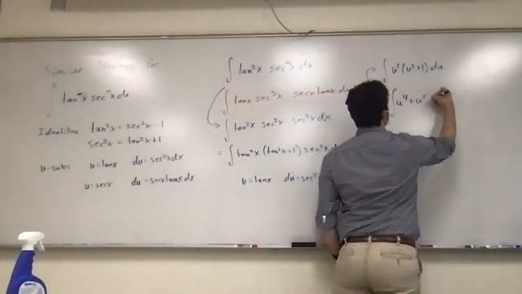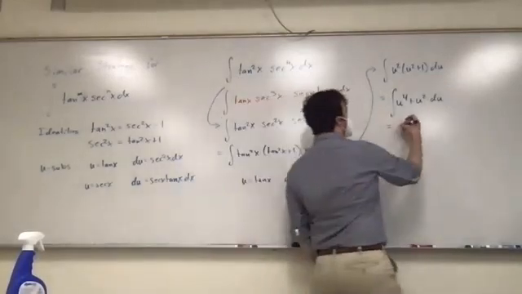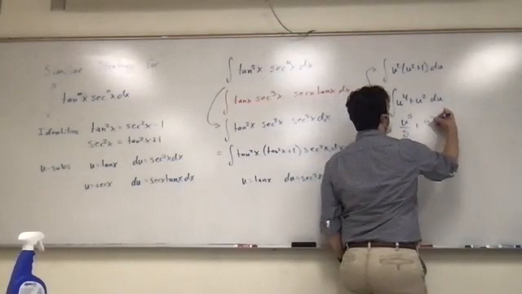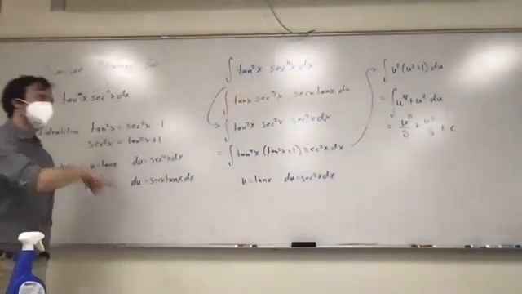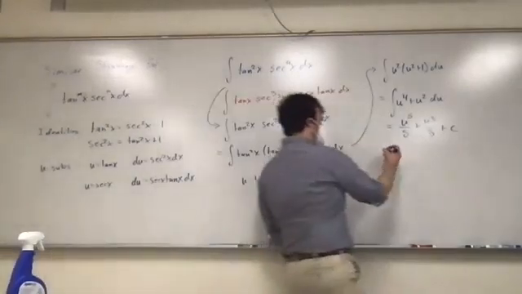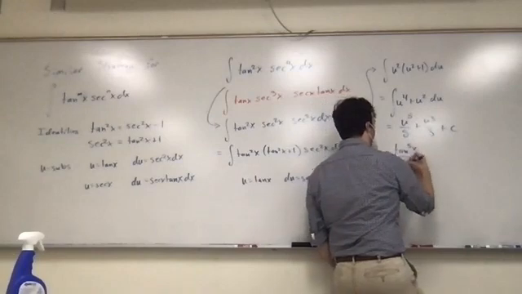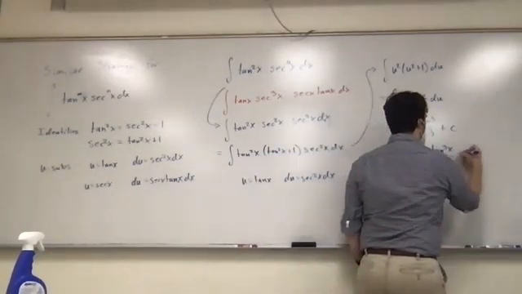U to the 4th plus u squared, power rule, u to the 5th over 5 plus u cubed over 3. And then u was tangent, so we stick that in there. Tangent to the 5th x over 5 plus tangent cubed x over 3.